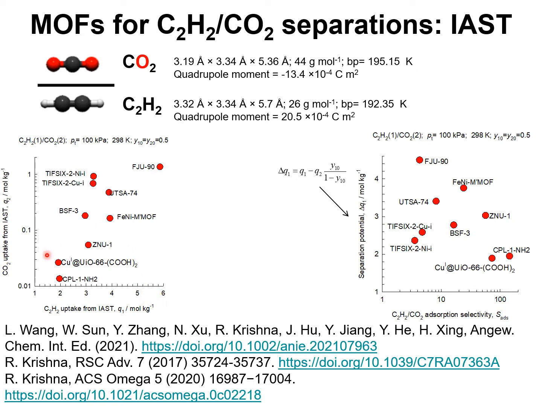We return in a later slide to the significance of the small uptake of these MOFs for CO2. On the other hand, FJU90 has also a significantly higher uptake of ethine than the other MOFs. Indeed, the ethine uptake of FJU90 is twice that of ZnU1.